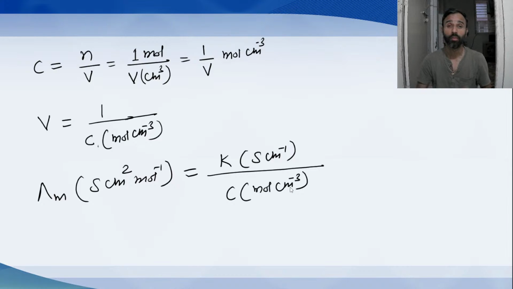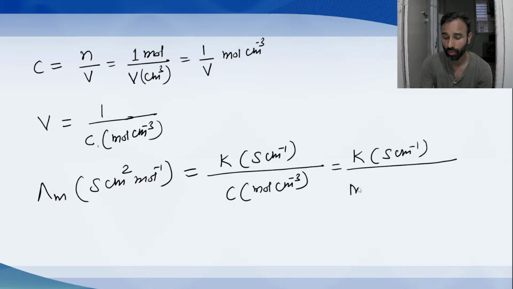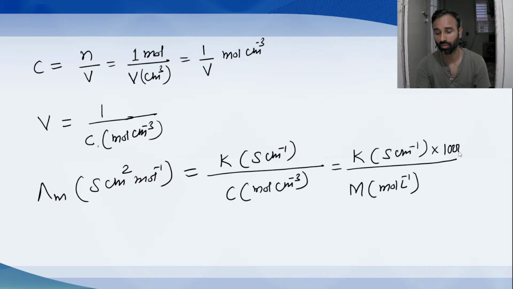But you know, molarity is in mole per liter. What is the unit of molarity? Mole per liter. So we can write it as kappa in S per centimeter divided by molarity in mole per liter, multiplied by 1000 centimeter cube per liter.